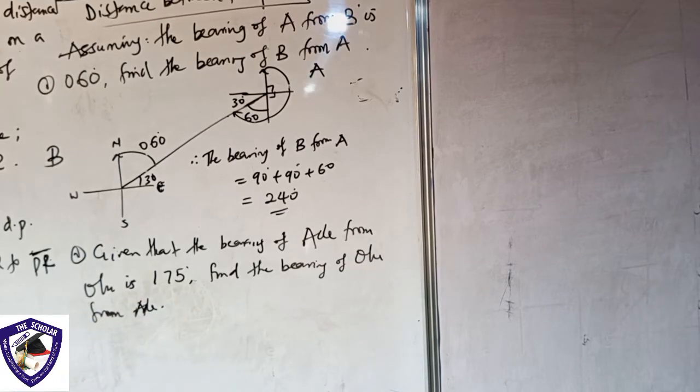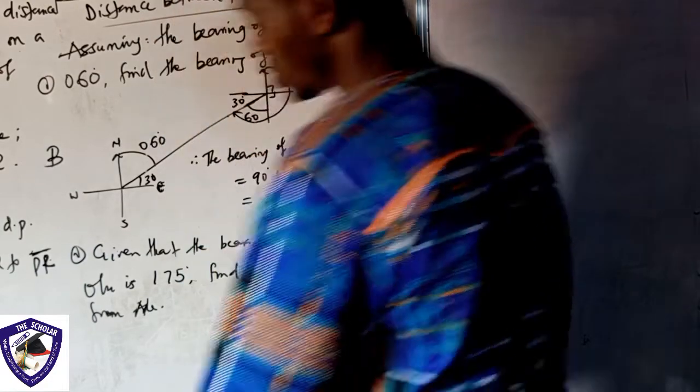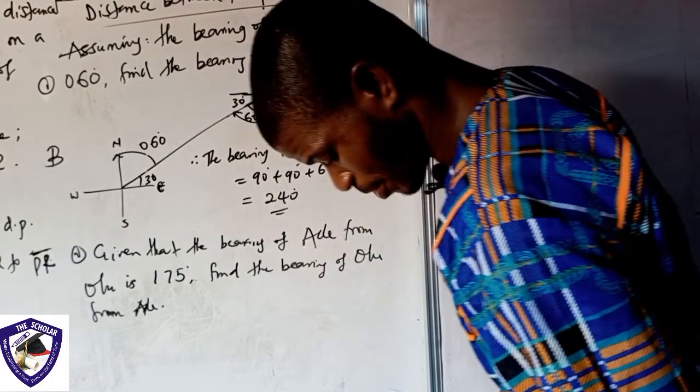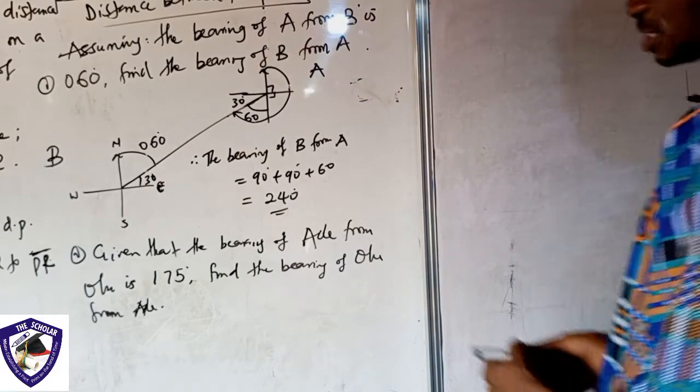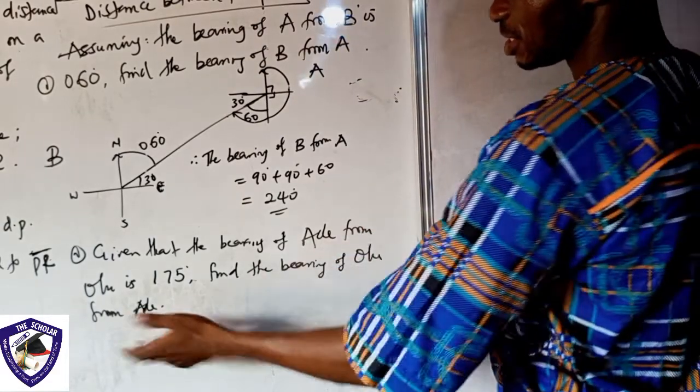So I'm going to use the initials to represent the points. Now let's use A as Ade and O as Olu.